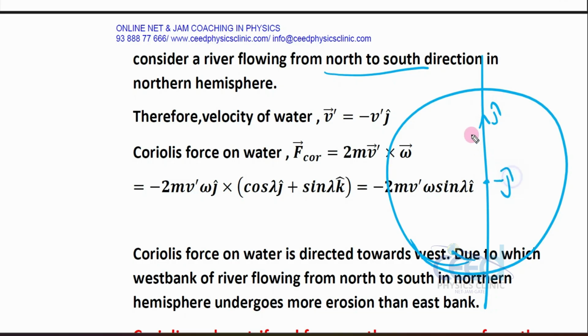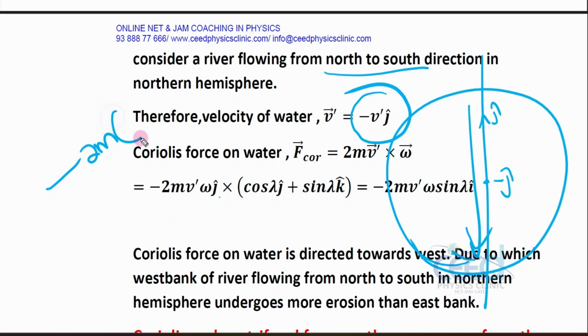So north to south river flowing means minus v j cap, and our formula is minus 2m omega cross v dash, so minus 2m omega cross v dash with v j cap put in.